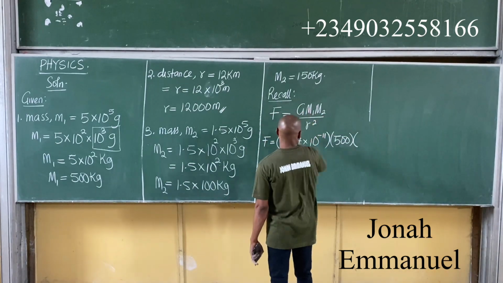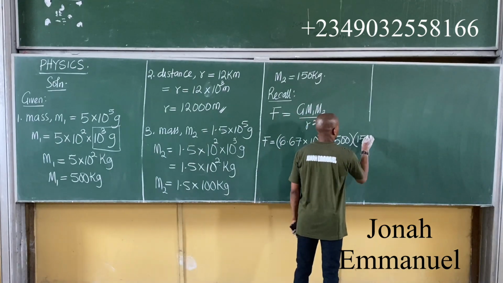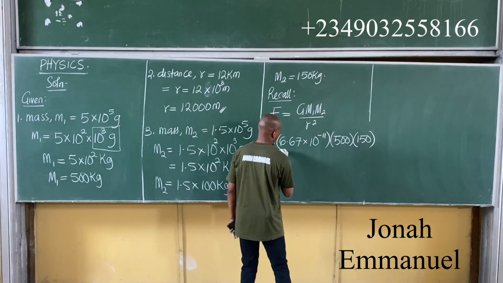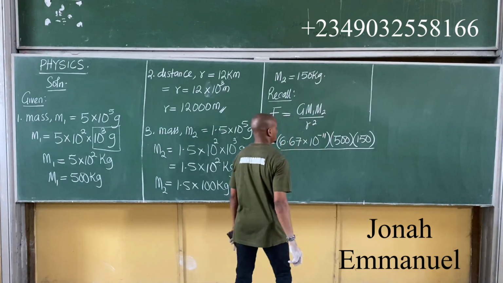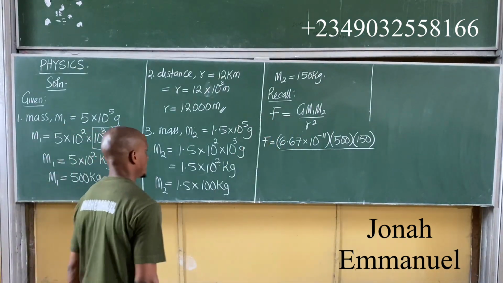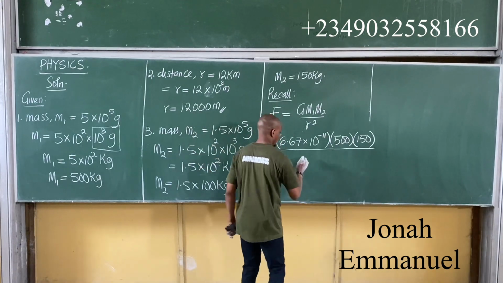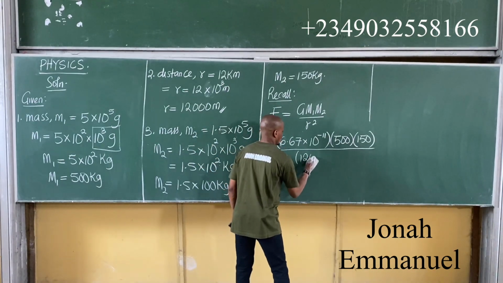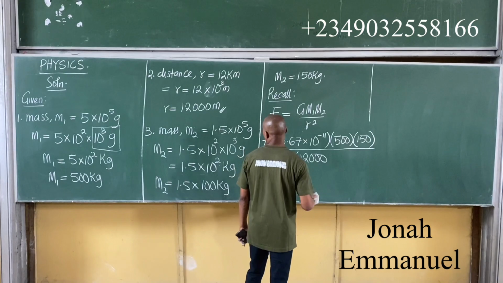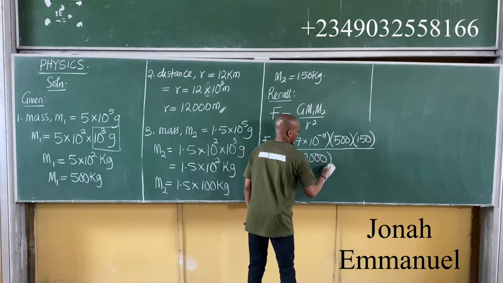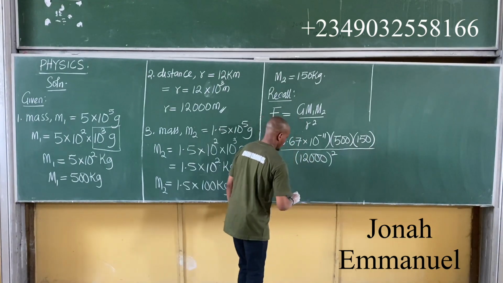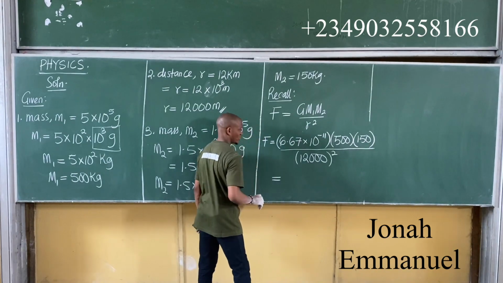M2 is this, 150, all over R squared. Alright. So all over this one here, 12,123 squared. Please give me the numerator only. What do you get?